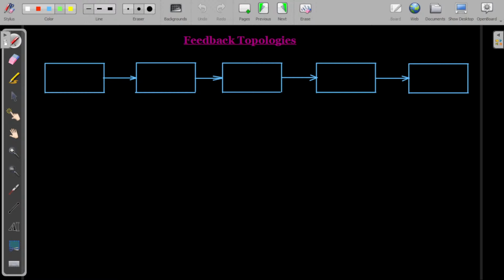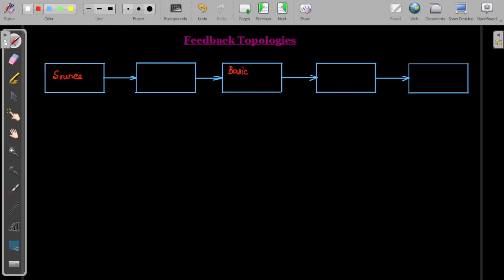So as we know, in a feedback system there will be a source. There are different blocks. This is the source, and there will be a basic amplifier, as we have discussed earlier.